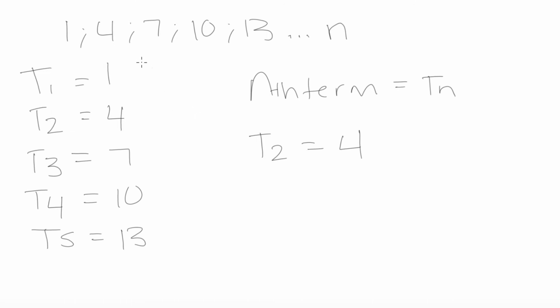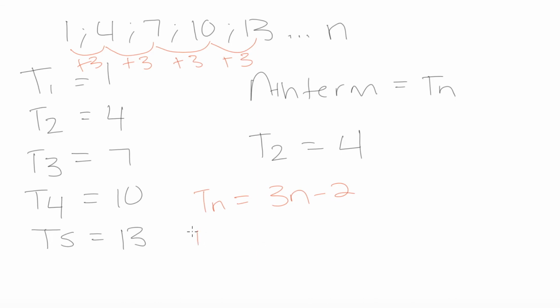Well, one thing that we can notice is that when we're going from one number to the next, we are adding 3 each time. So each of these terms, we're going to be adding 3. Let's see if we described this sequence as 3n minus 2. Well, let's try to use this formula and see if we try that with each and every one of our terms, if it actually works.